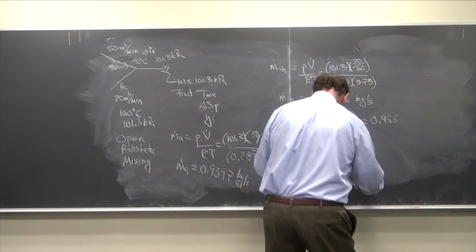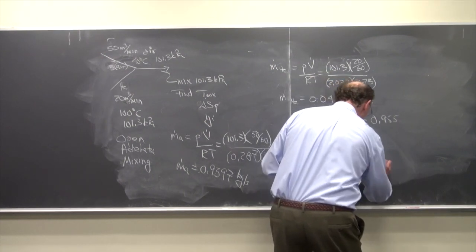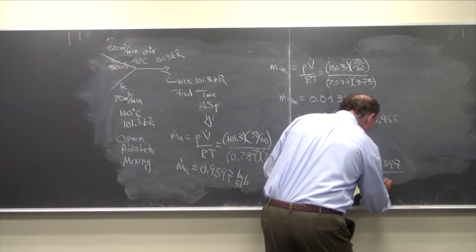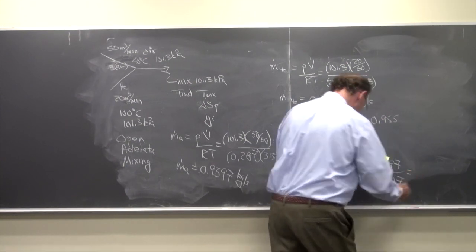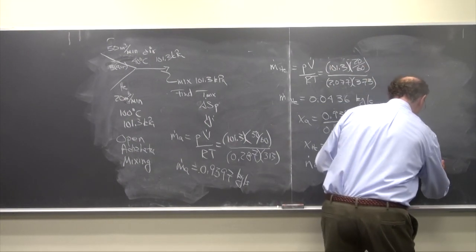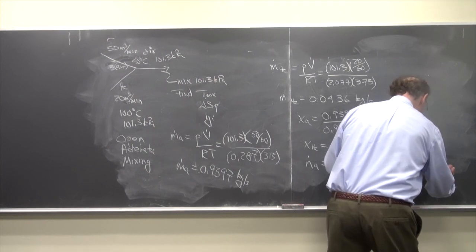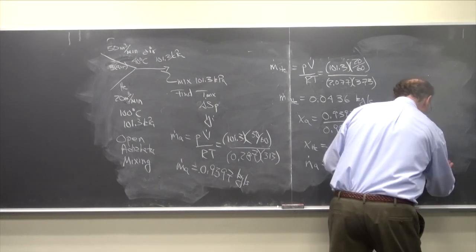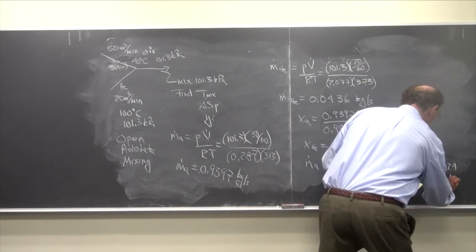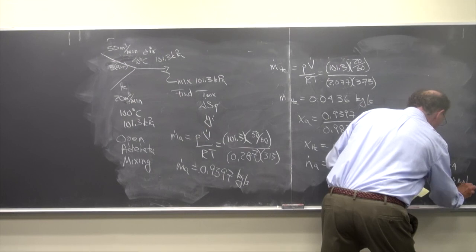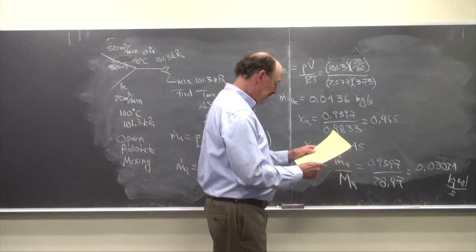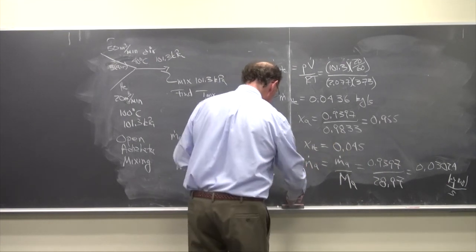I have 0.9397 divided by 28.97, which is equal to 0.03034 kilogram moles per second. We do the same thing for the helium.